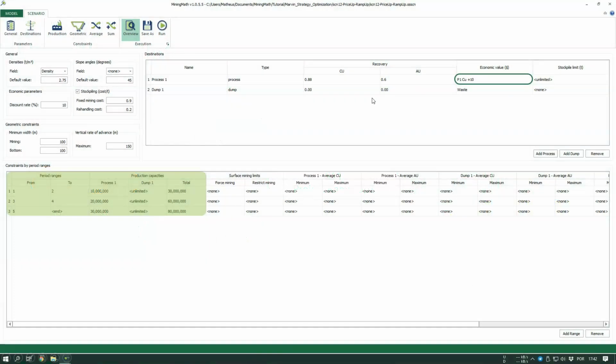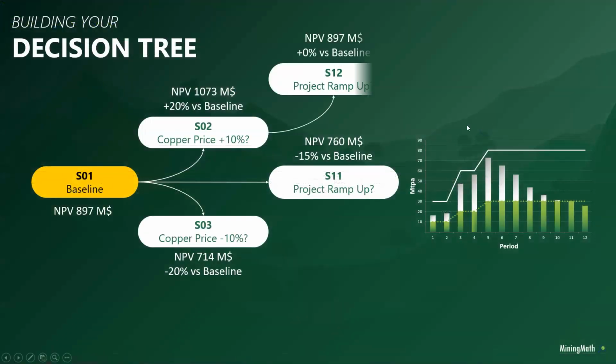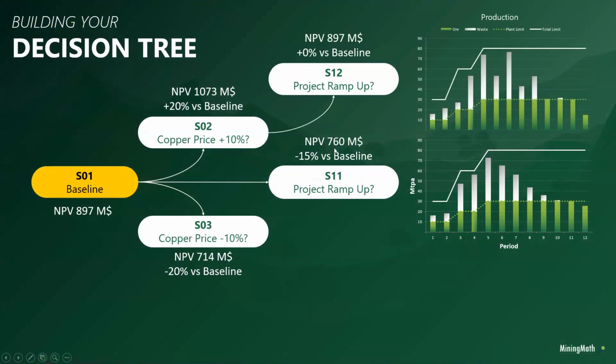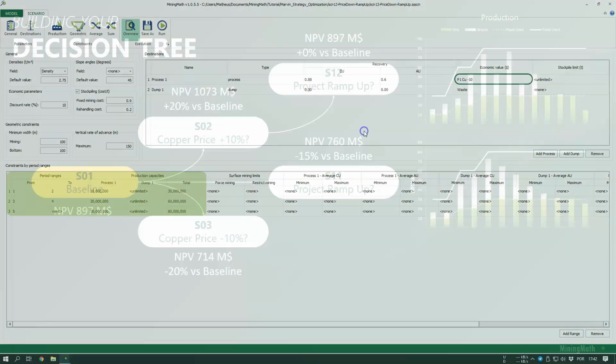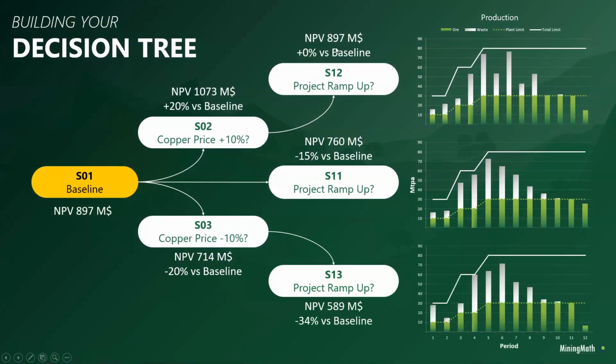And what if I consider the same for the previous cases of increasing the selling price, etc.? So here I'm at the same value of the baseline. Okay, that's great. Let's do the same for increasing the copper selling price. Here, as I have mentioned before, you can see that the impacts on the net present value started to become non-linear.